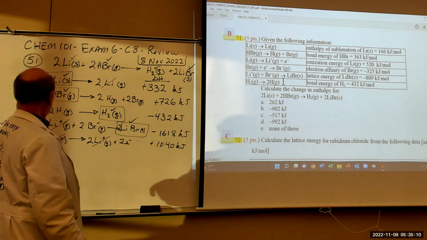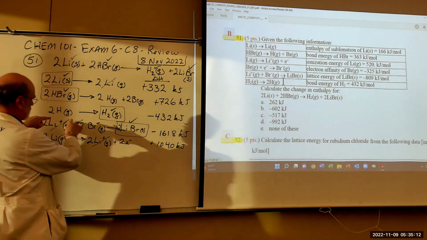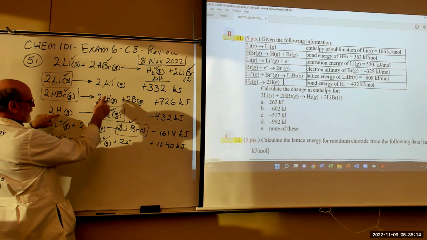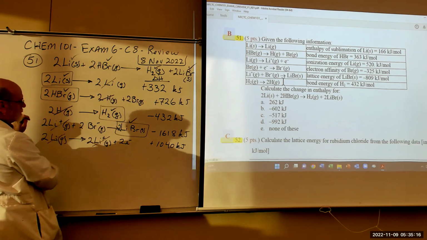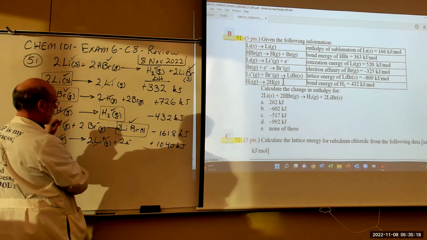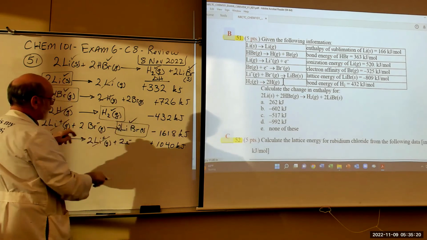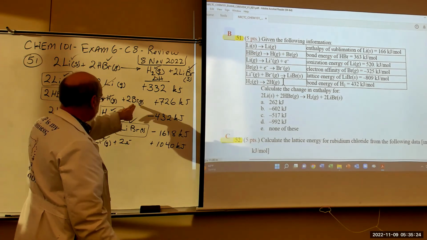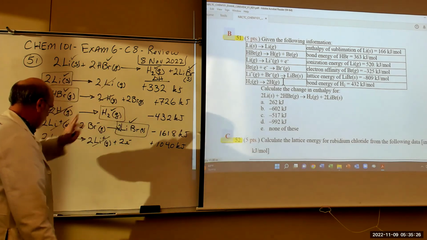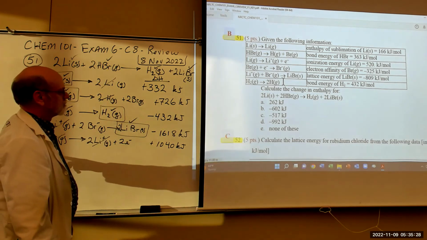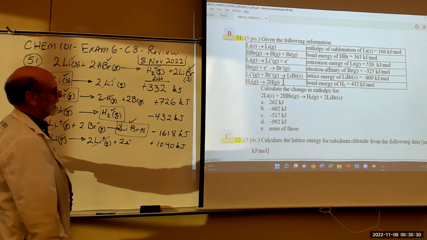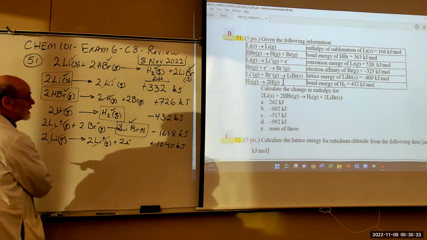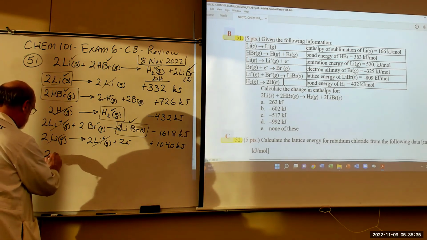What else we got? Oh, we got these to cancel. And that's a bromine gas. So we need bromine. We got to get rid of bromine gas. So we need a bromine on this side. And there it is, the fourth one down. But we need two of them.